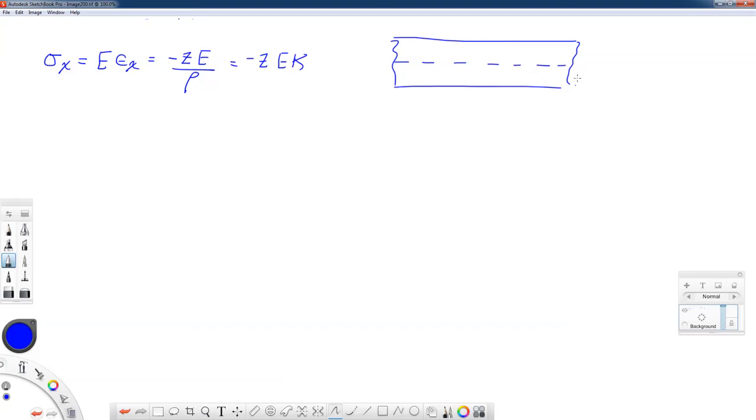Z being positive downward, the negative sign of the equation putting compression on the bottom, and z being negative on the top with a negative sign in the equation, canceling themselves out to put tension on the top. Okay, and so that's when we have our moment that goes in this direction.